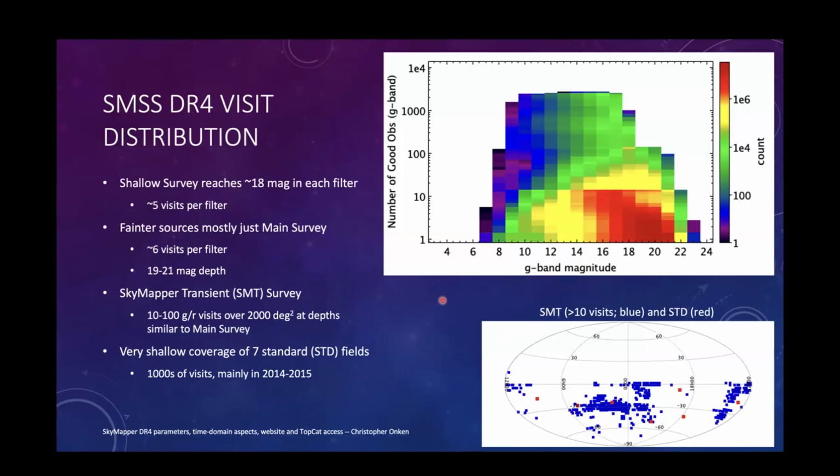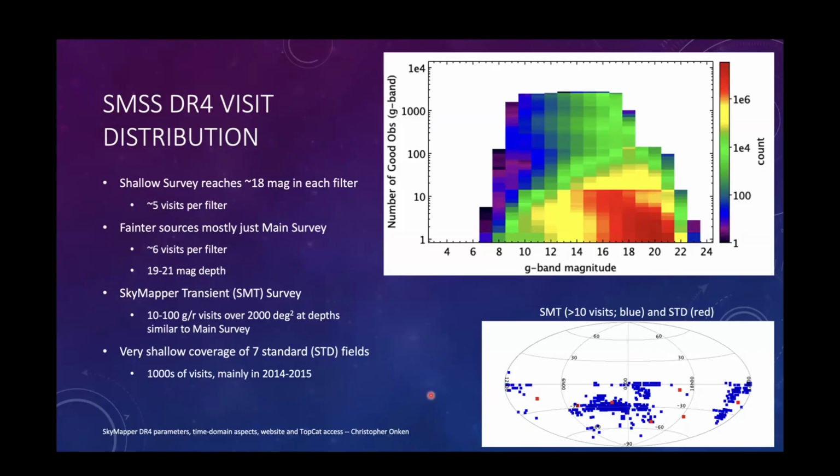In addition to those two main components of the survey, DR4 for the first time includes observations that came from other components. The largest of those is the SkyMapper Transient Survey, which was looking for supernova and other transient objects over 2,000 square degrees. And that's shown in the patchy blue in the lower right-hand map.